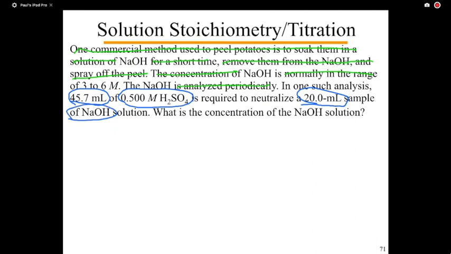What is the concentration of the sodium hydroxide solution? All right. So, got some starting points. And so, we know that 45.7 mils of this acid here is required to neutralize sodium hydroxide.